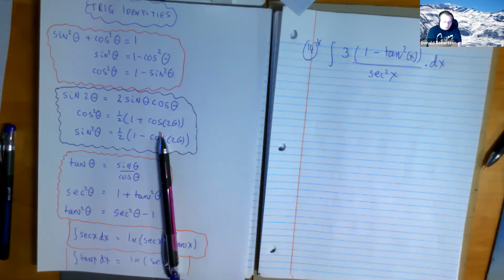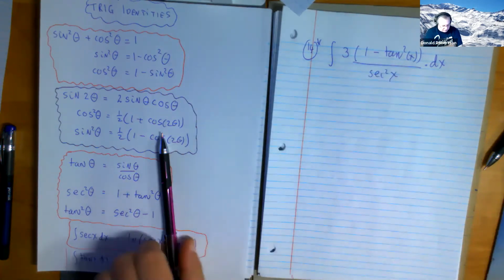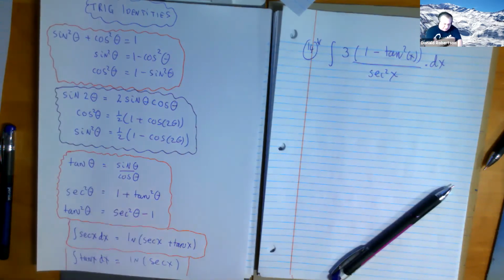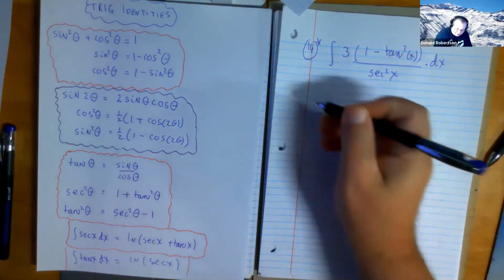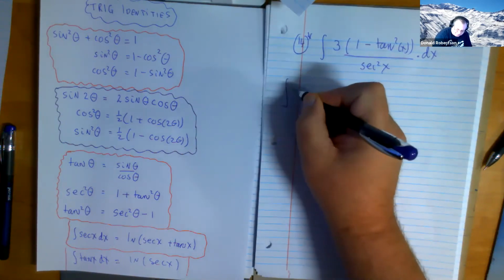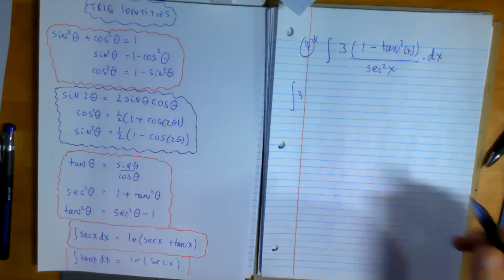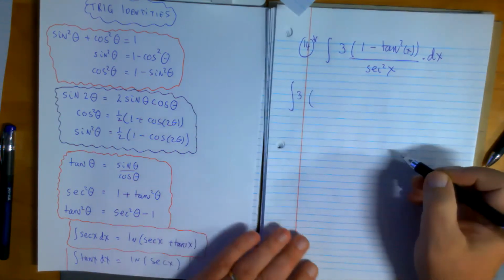Because he's not your usual sine cubed tan squared kind of thing, right? Those tend to be u-subs, right? We've done a few of those. This 1 minus tan squared might have been nice if it was in here and could be written as something else, but it's not. So I'm not going to do that. But I do need a strategy. Do you change the tangent squared to secant squared minus 1? Okay.